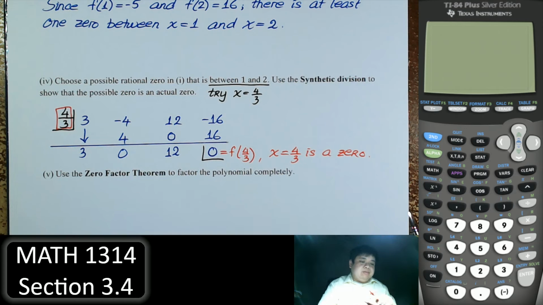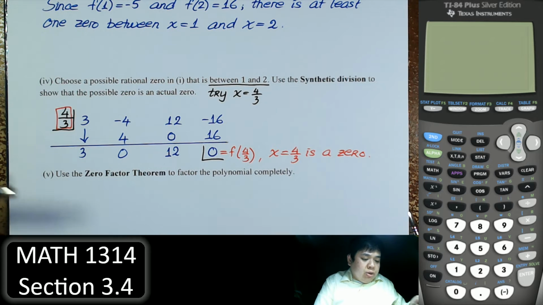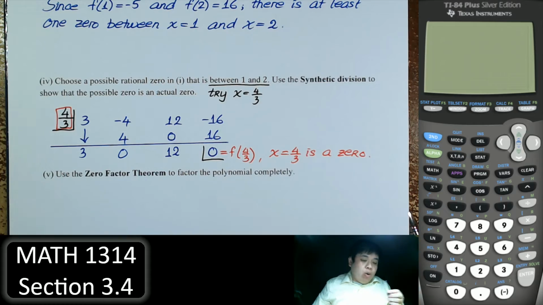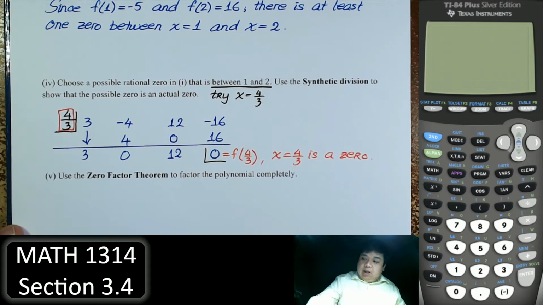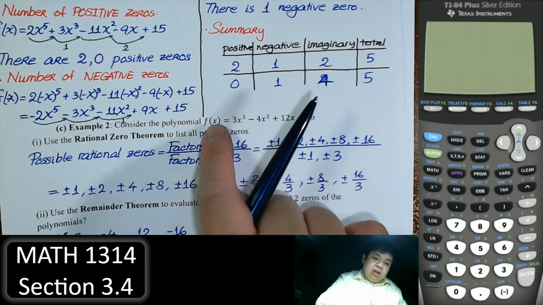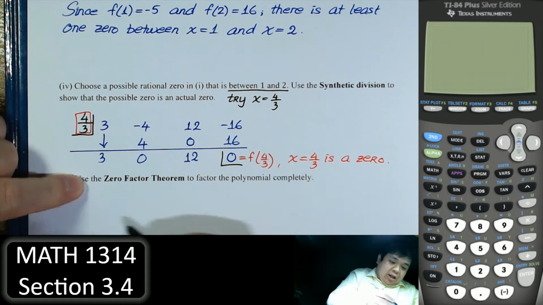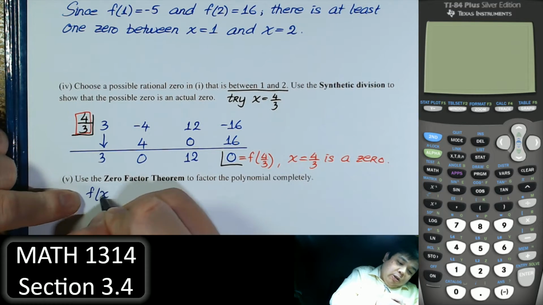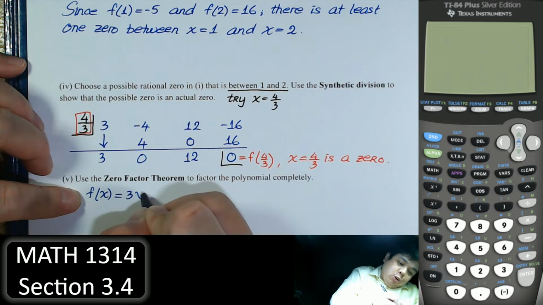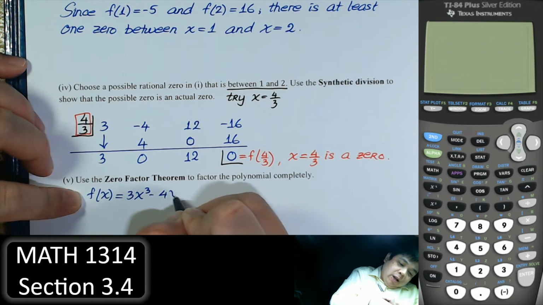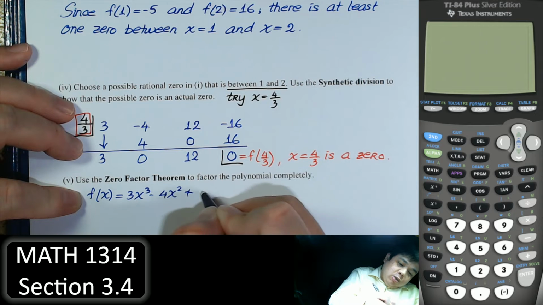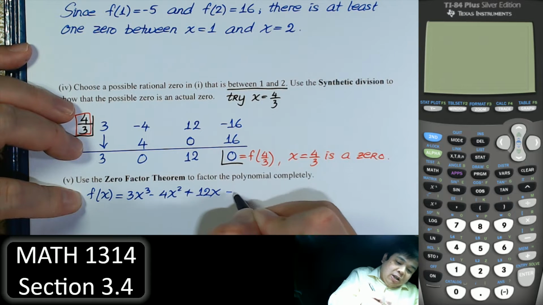Right, we found it. Use the zero factor theorem to factor the polynomial completely. The original polynomial is this. From the coefficients here, we can just rewrite the polynomial 3x cubed minus 4x squared plus 12x minus 16.